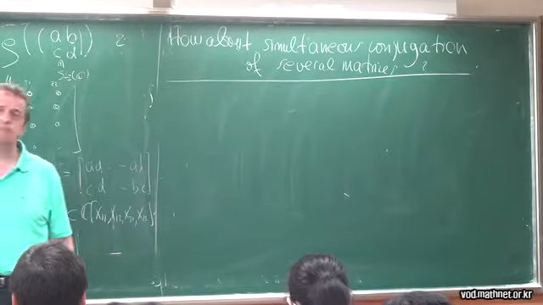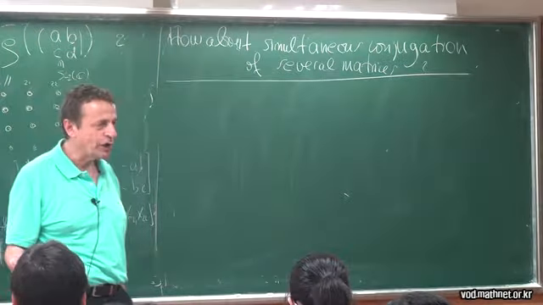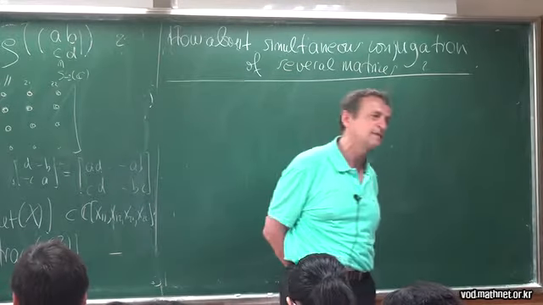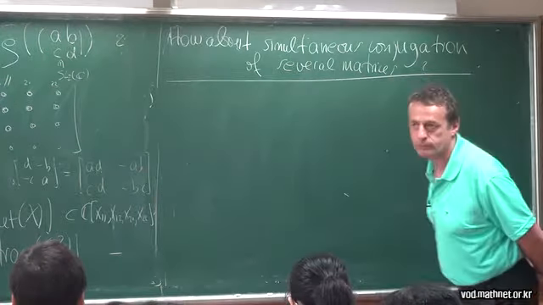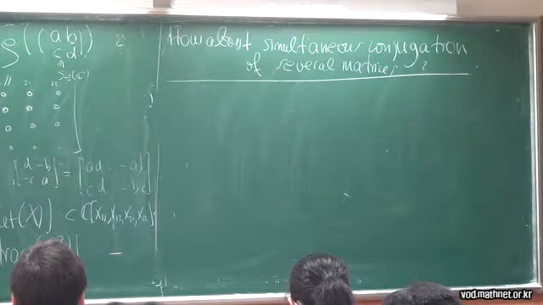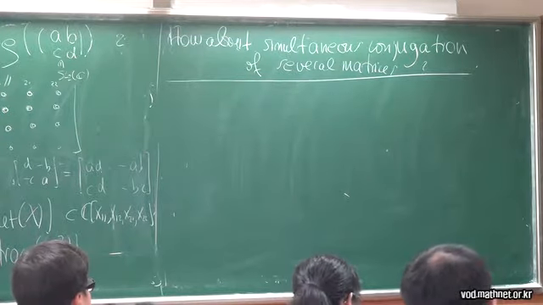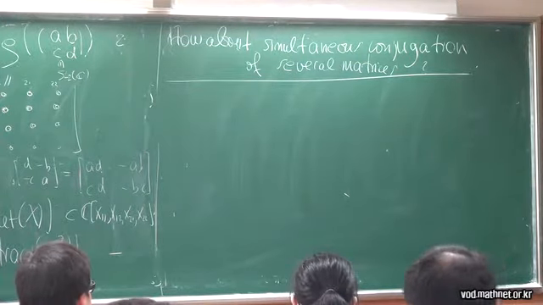So I have r n by n matrices, and I act on this by simultaneously conjugating them all. This comes up in lots and lots of applications, including algebraic statistics.